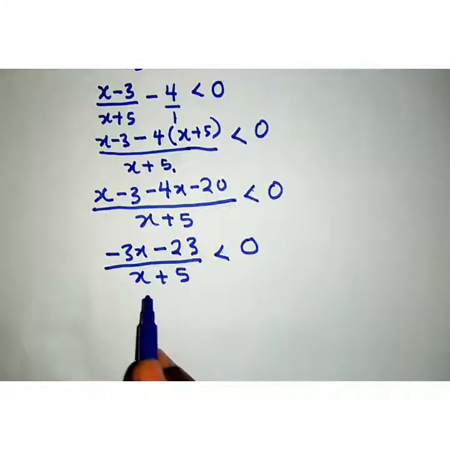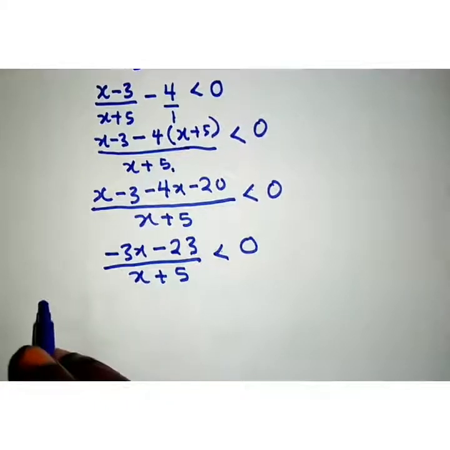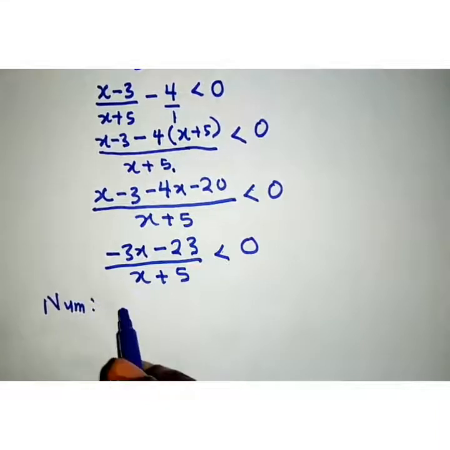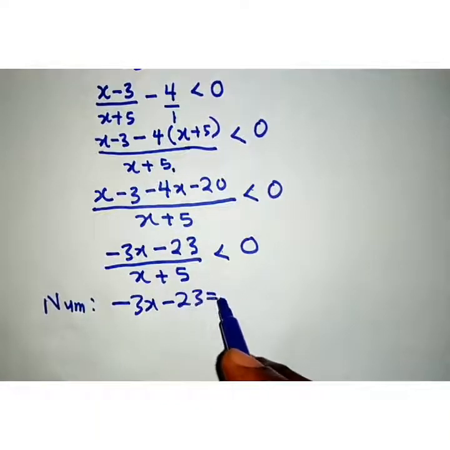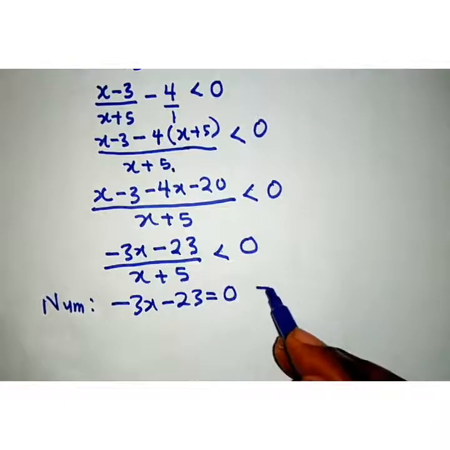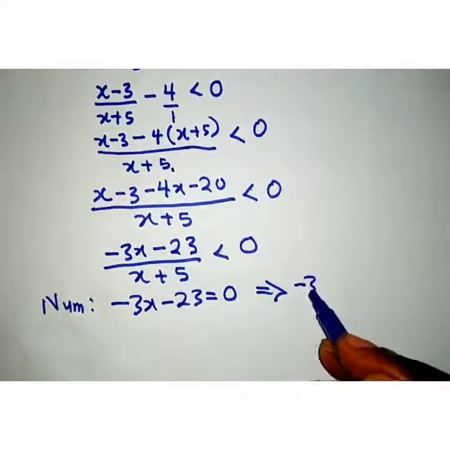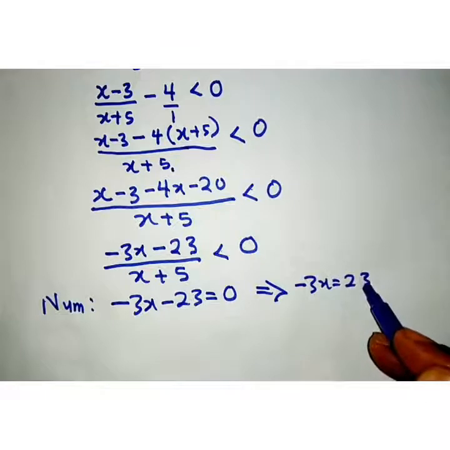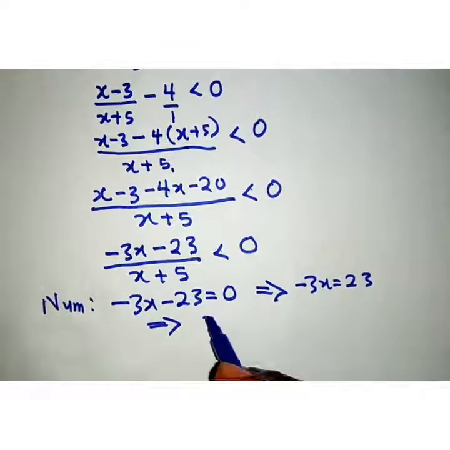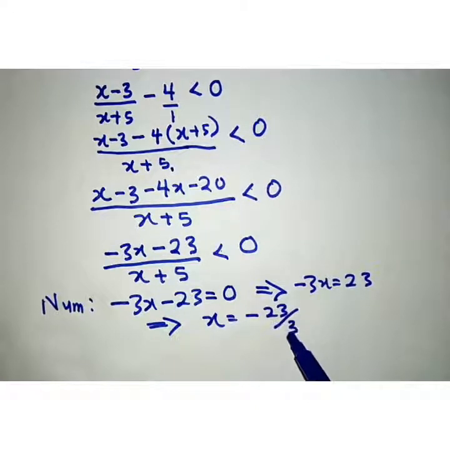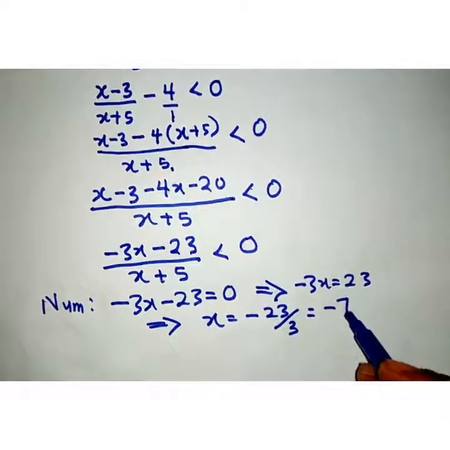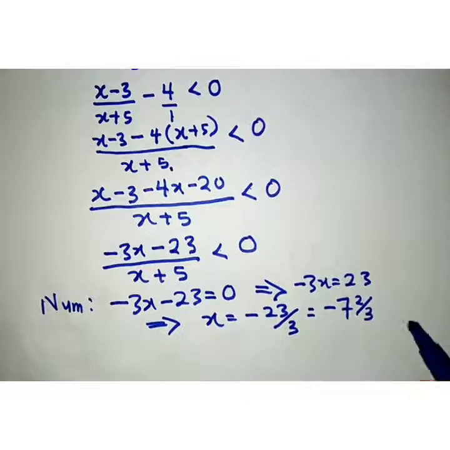That is where both of them are equal to 0. So for the numerator, we have minus 3x minus 23 equals 0. That implies that minus 3x equals 23. That implies that x equals minus 23 over 3, which is equal to minus 7 and 2 over 3.